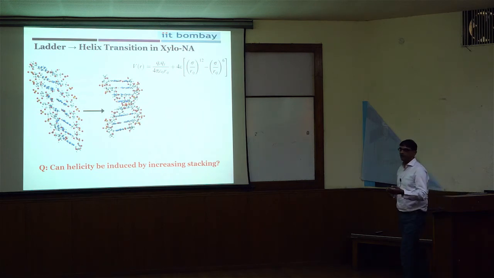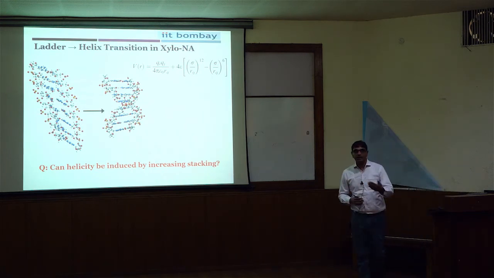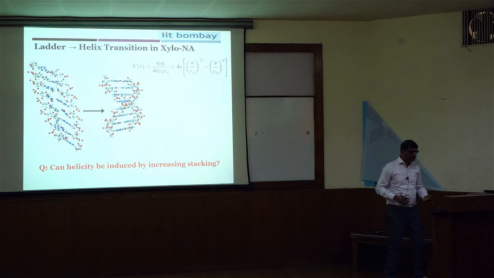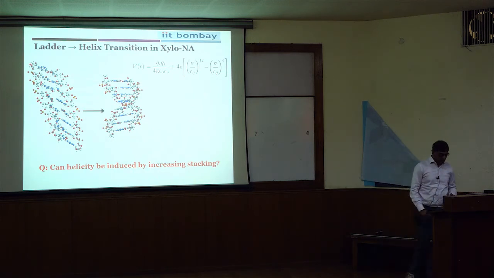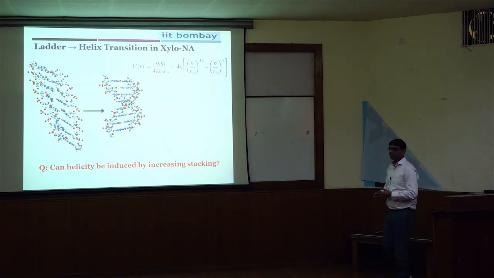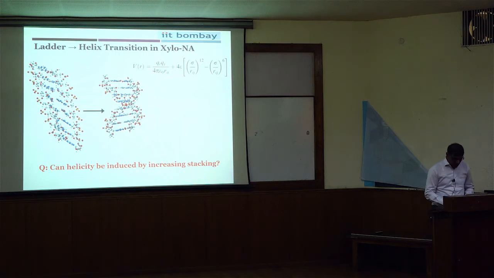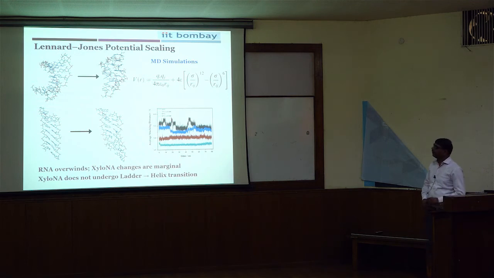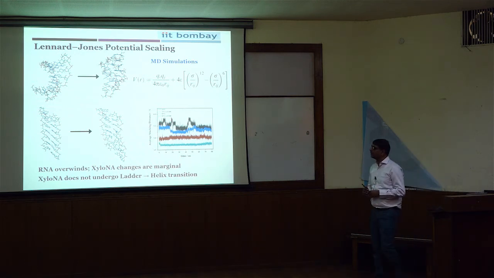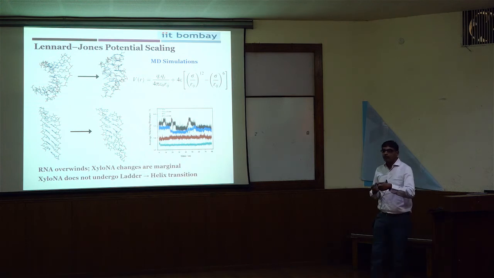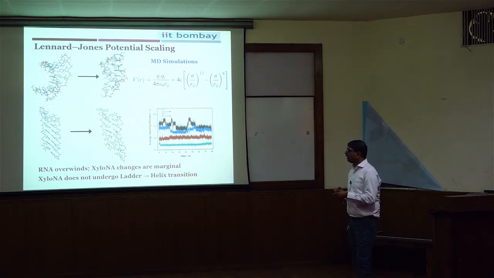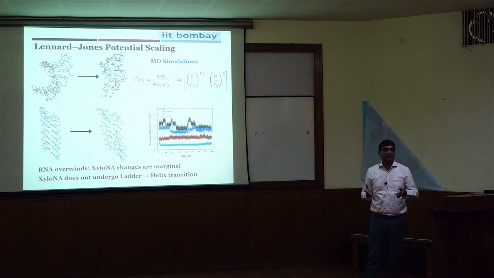That was the question that we had in our mind, and then we did these calculations. For the sake of comparison, we took the same sequence in ribose as well, double stranded ribose, and ran these calculations, and we figured out that, okay, when we did this calculation by increasing the epsilon by a factor of 5, what we found was the ribose overwinds, okay, while xylose hardly changes its structure.